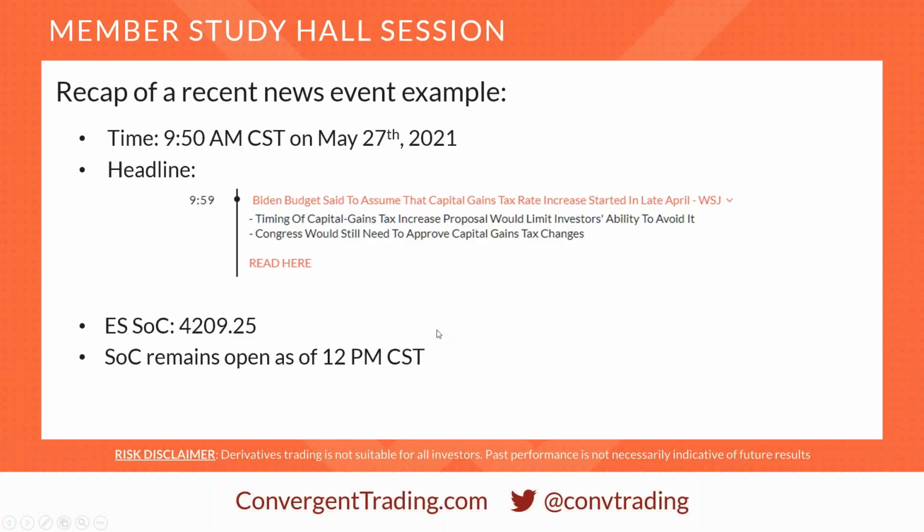Do we have any questions? There's a question. Can you also cover recent calendar events that left single prints and unfilled gaps in ES and NQ? Oof. I mean, I would have to look at the master levels and find an SOC.